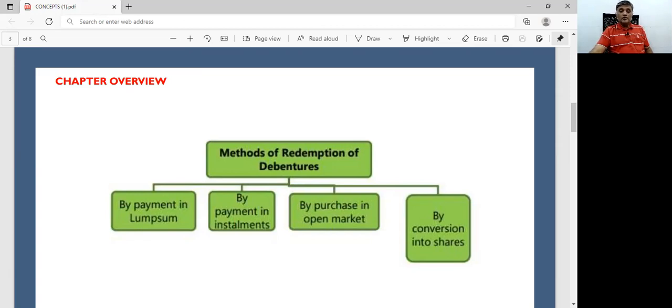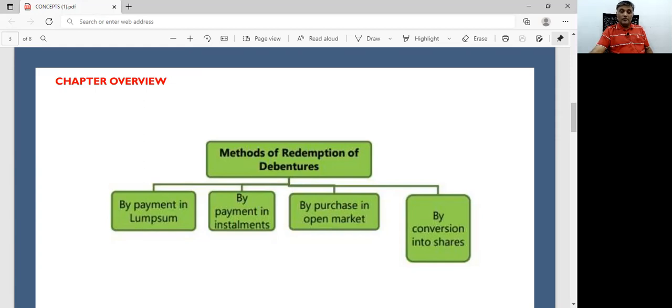When you issue debentures for the first time, you can give a promise to redeem at par or premium, but at the time of issue of debentures, you cannot say that I will receive 100 from you and I'll repay 95 to you. That is not possible. Nobody will agree to that. So that's the reason during the issue of debenture stage, you will have an entry for redemption at par or premium, but you will not find an entry for redeeming at a discount.